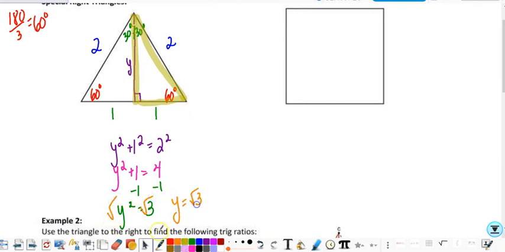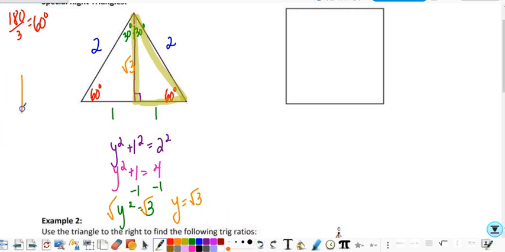That segment is the square root of 3. And this segment right here is the square root of 3. So this special right triangle across from 30 is a side length of 1.